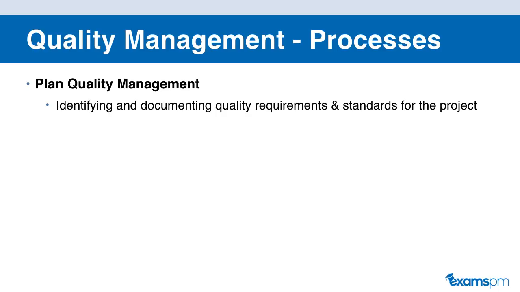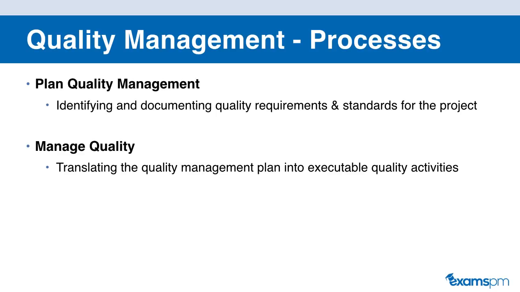Now, once you have your plan ready, so you have identified a plan of what your requirements are for high quality and how you're going to meet it, now you are ready to translate that plan into executable quality activities. So this is what you're doing in the manage quality process.